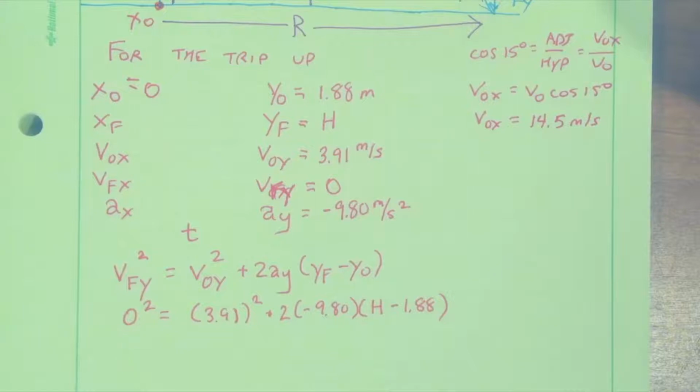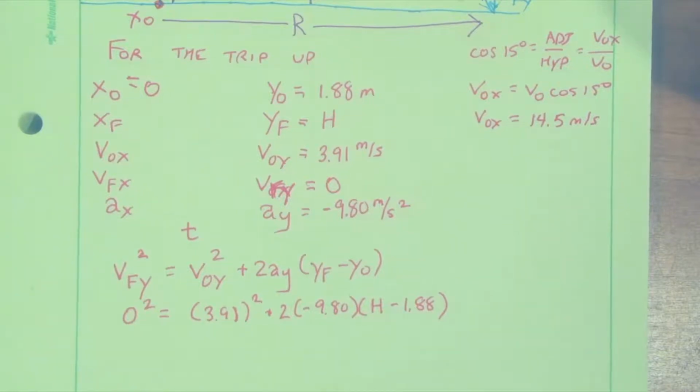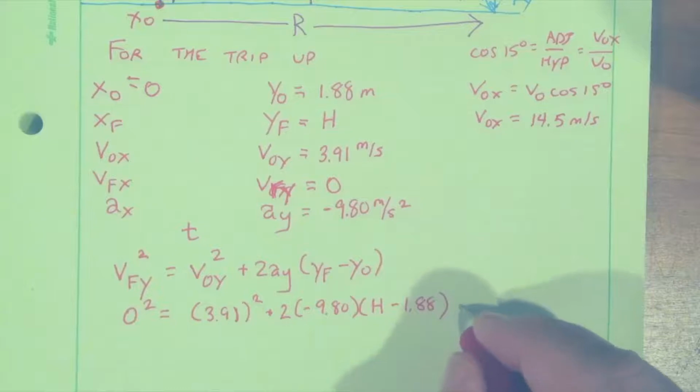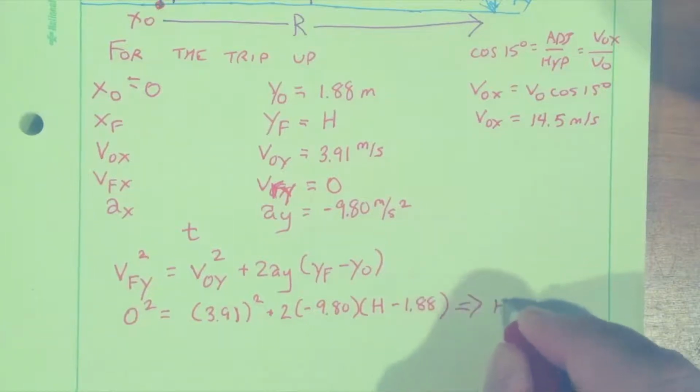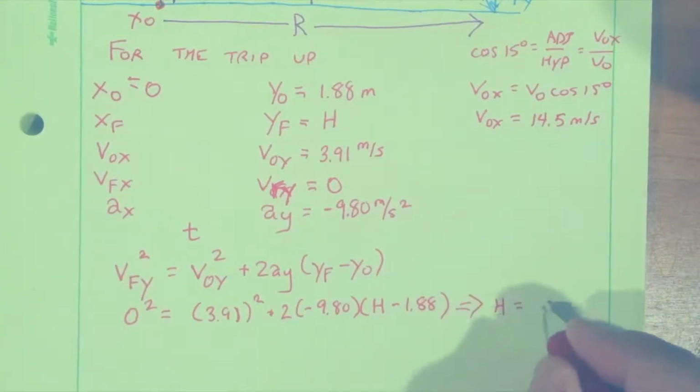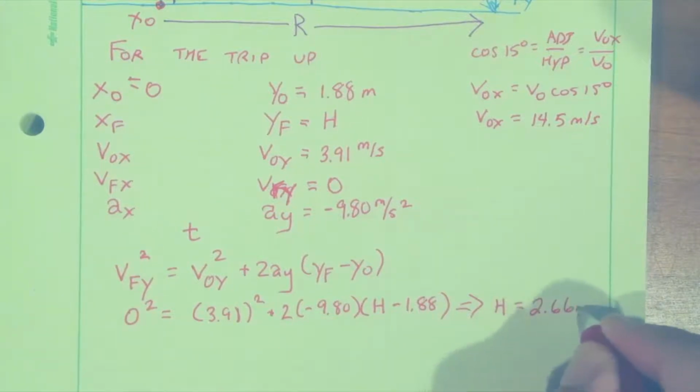Now you have to be very careful about solving this equation algebraically. Just take it slow, take it step by step, and when you do, you get a value for the height of 2.66 meters.